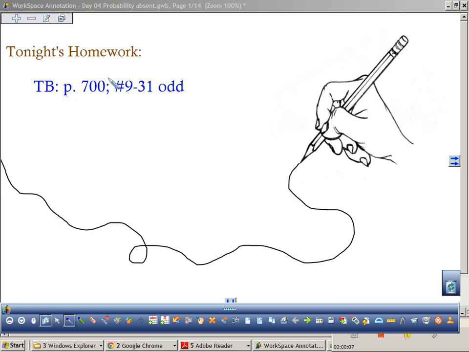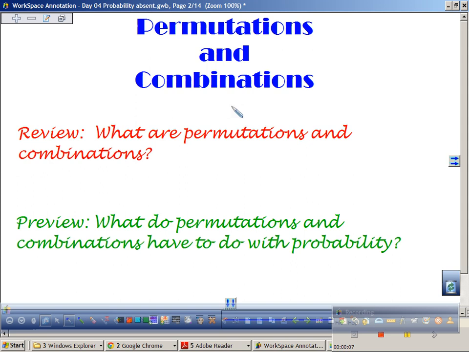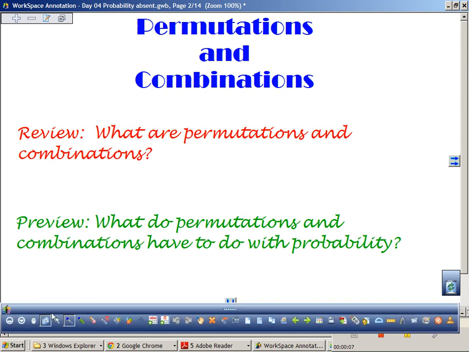Okay, so tonight's homework is textbook, page 700, 9 through 31 odd. And we're going to take permutations and combinations to the next extreme. So, review. What are permutations and combinations?